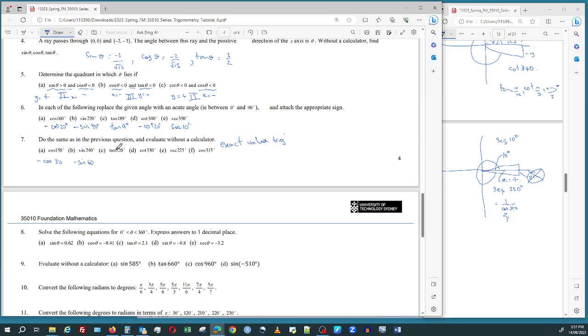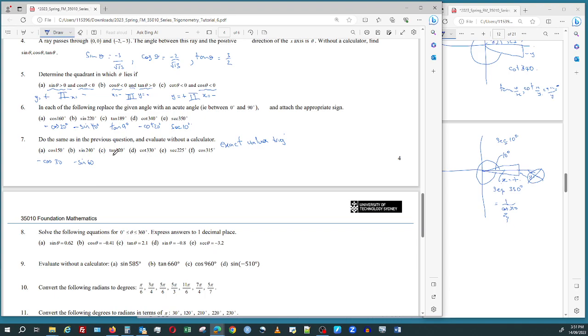Okay, and then we've got tan 120. So tan 120 is going to be... it's two lots of tan 60.